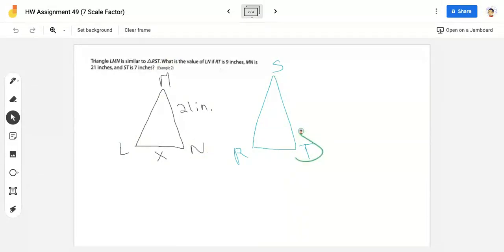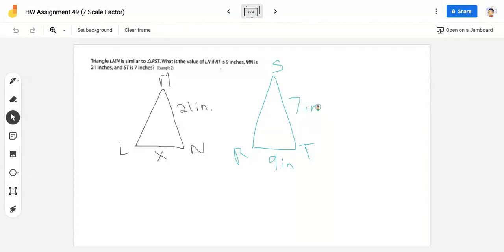So LMN should be in the same position as RST. What do they tell us about triangle RST? RT is 9 inches, and ST is 7 inches.